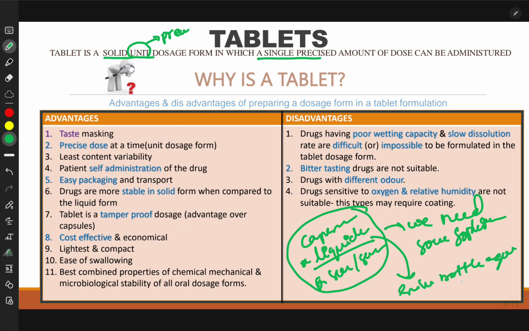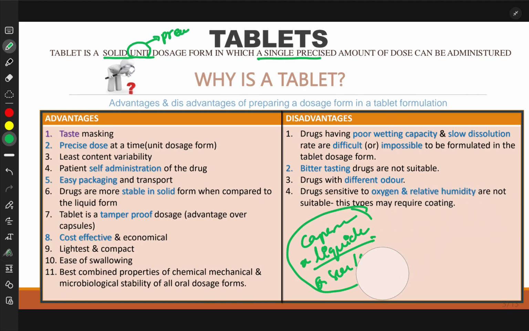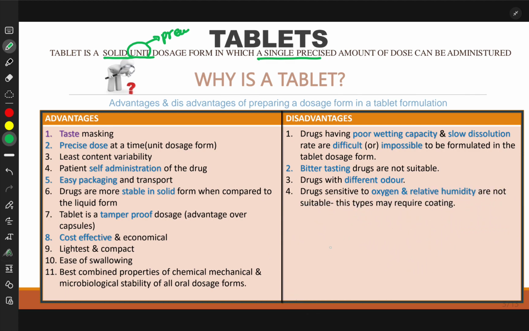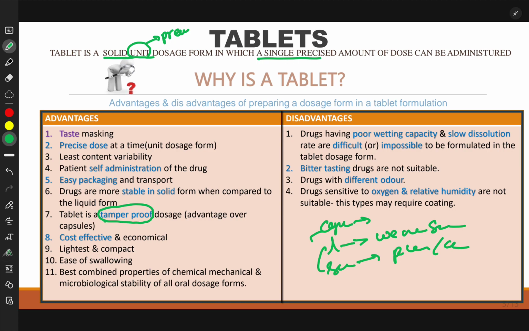They may be made of glass or metal, or sometimes plastic also. For liquids we need sophisticated packaging. For semi-solids also we use plastic or glass. For capsules also, they're somewhat different. They are not tamper proof. Otherwise they are also good for transport.